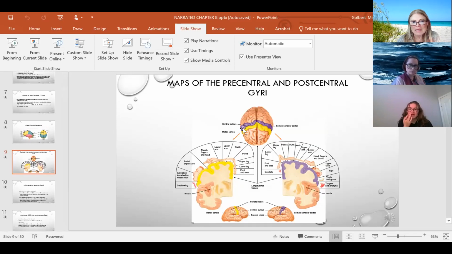So I would say if you need to remember anything from chapter 8, it is this little picture over here, because this is what is called, and it's a weird name, the homunculus. Homunculus means little man. So if you notice on this region here and on that over here, you have pretty much the whole body, yeah?